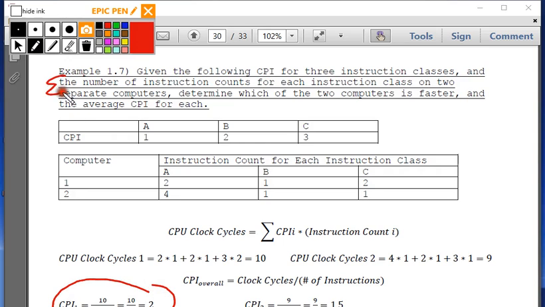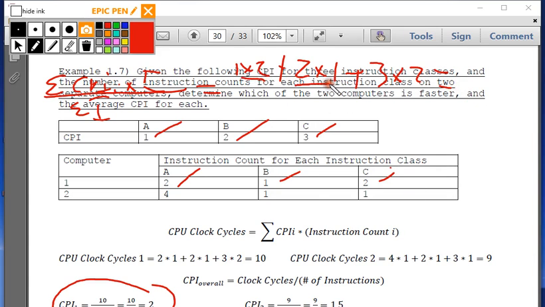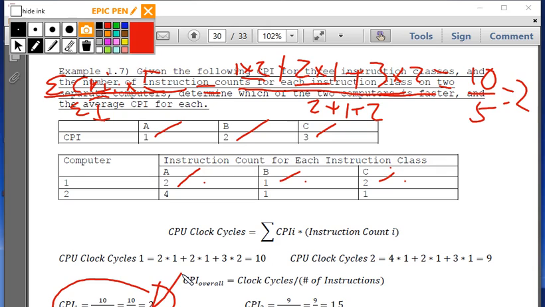The summation of CPI of i times instructions over the summation of the instructions is equal to 1 times 2, plus 2 times 1, plus 3 times 2. That's 2 plus 2, which is 4, plus 6, which is 10. That's the numerator. The denominator is the summation of instructions, which is 2 plus 1 plus 2, which is 5. So the average CPI is 2, so we have gotten the right answer.